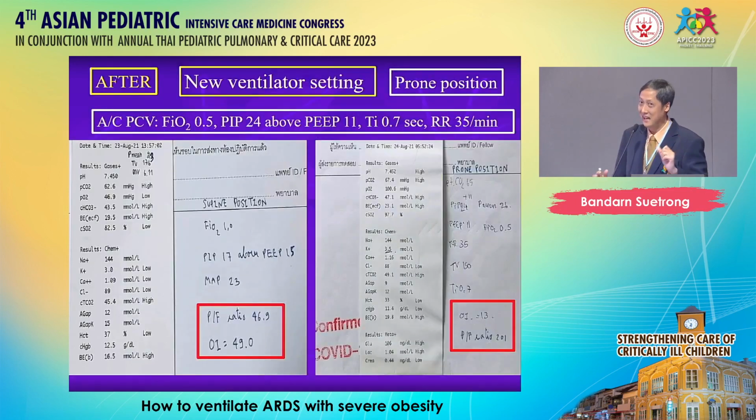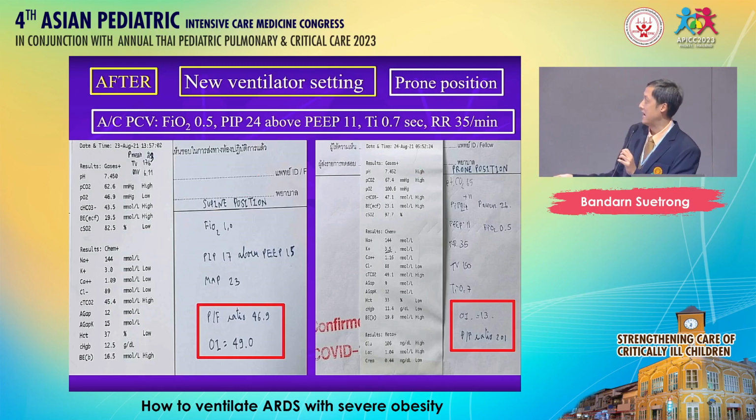So I used the 5 elements to cope with the problem of severe hypoxemia in this case. I used the prone position first. I performed the recruitment maneuver. I performed decremental PEEP titration. And again, I increased the driving pressure up to 24. So do not worry about driving pressure over the magic number of 15 from the ART study.